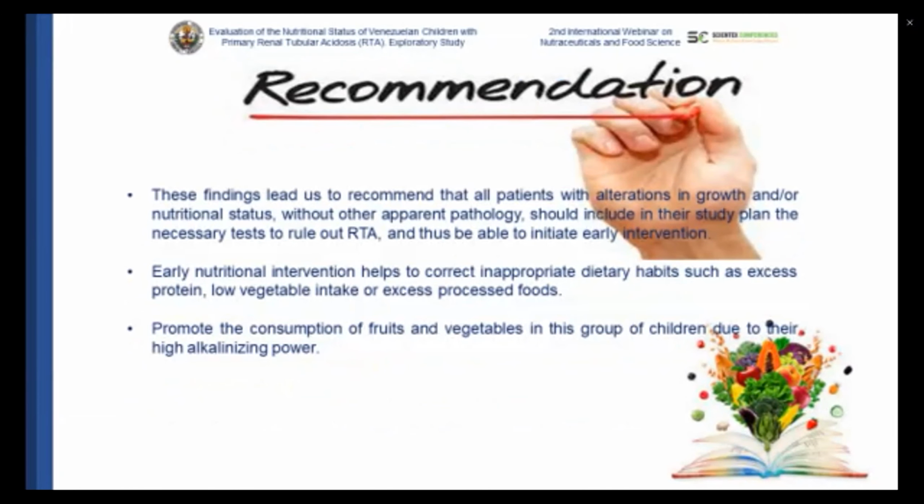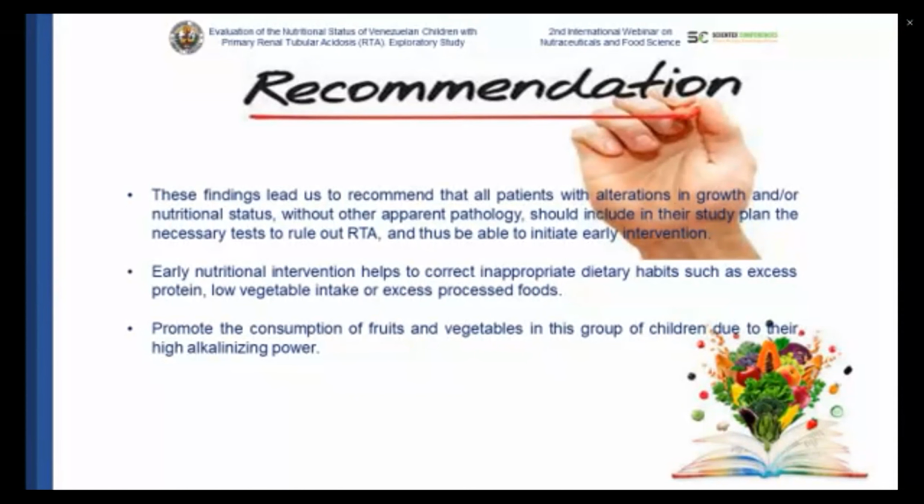This finding leads us to recommend that all patients with alterations in growth and or nutritional status without other apparent pathology should include in their study plan the necessary tests to rule out RTA and thus be able to initiate early intervention.